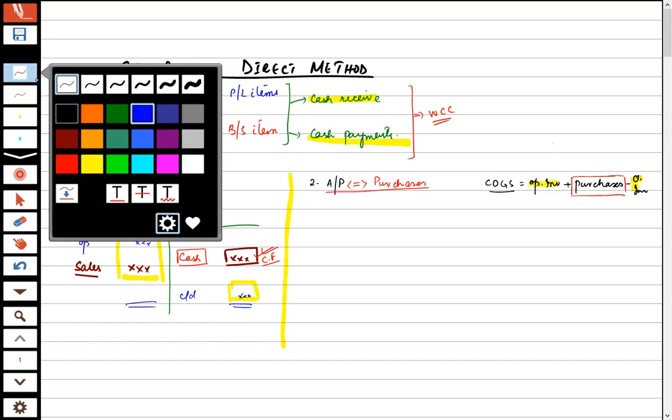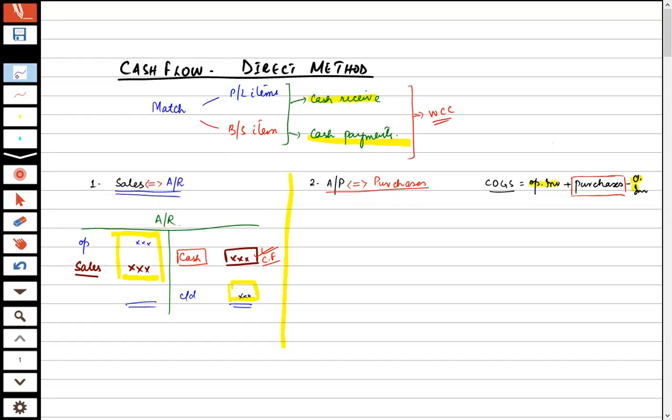Then after calculating the amount of purchases, we will be able to find out how much has been paid to the accounts payable, that is, creditors. So its T account will look like this. Accounts payable is a liability, so the liability's opening balance will appear on the credit side and the closing balance will appear on the debit side.